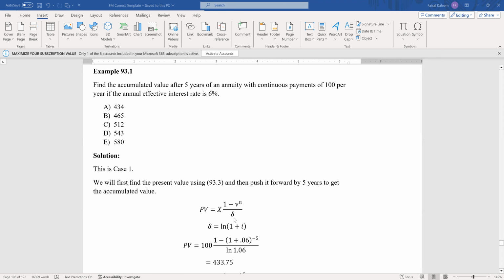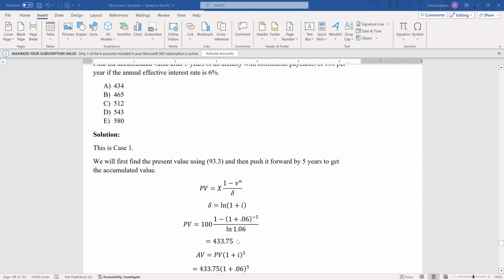Delta will be ln 1 plus i, and i is 6%, the annual effective rate. So the equation becomes x, which is 100, times 1 minus 1.06 to the negative 5, since it's a 5-year annuity, over delta, where delta is ln 1 plus i. So this present value comes out to be 433.75.